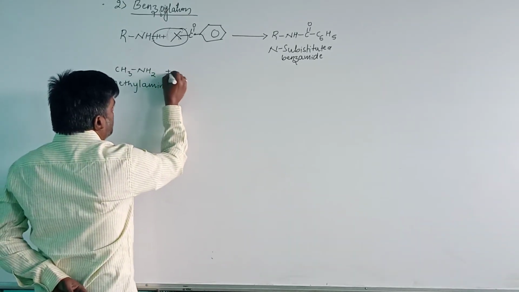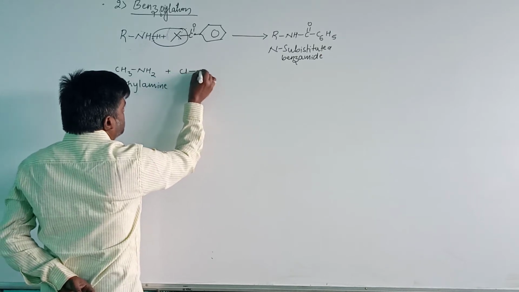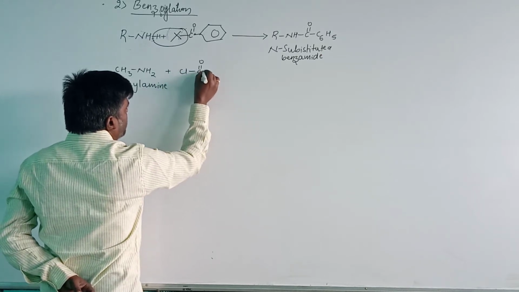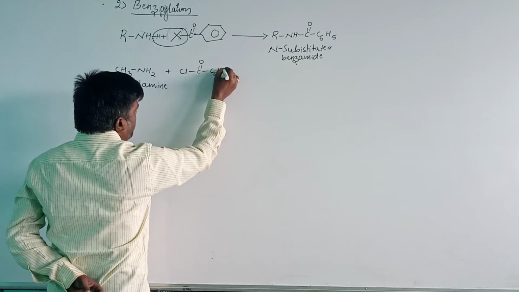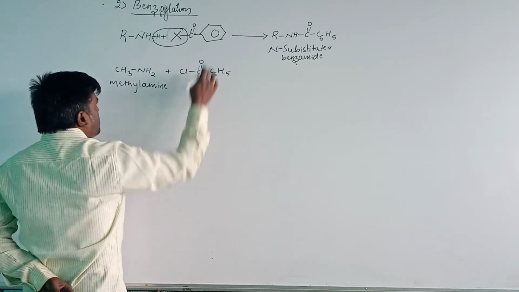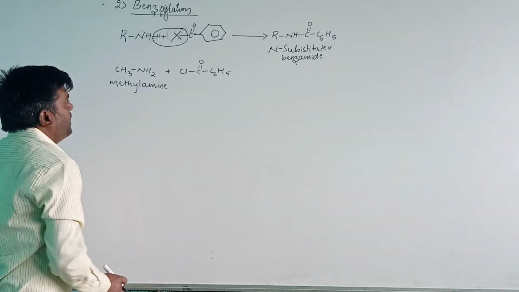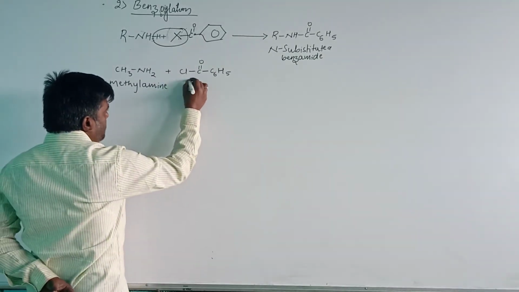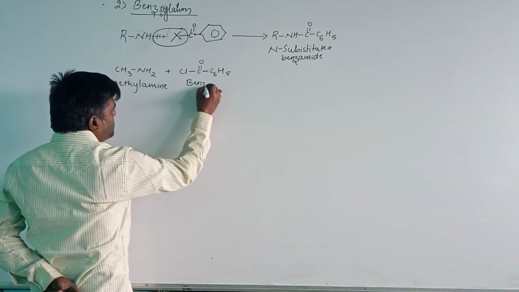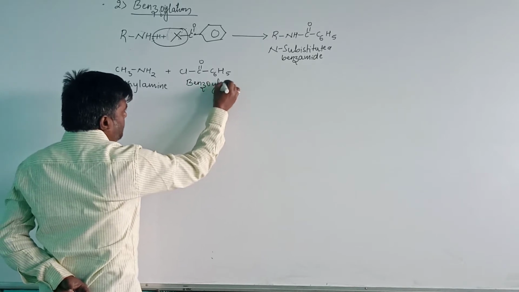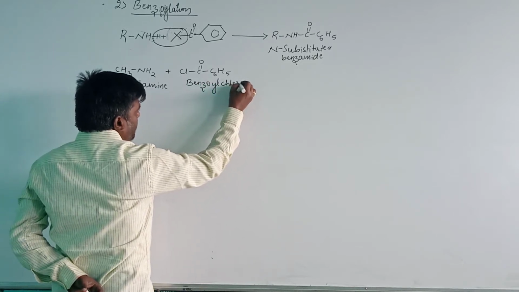I am taking chlorine here, C double bond O, C6H5. In the place of benzene, we can write C6H5. This is benzoyl chloride.